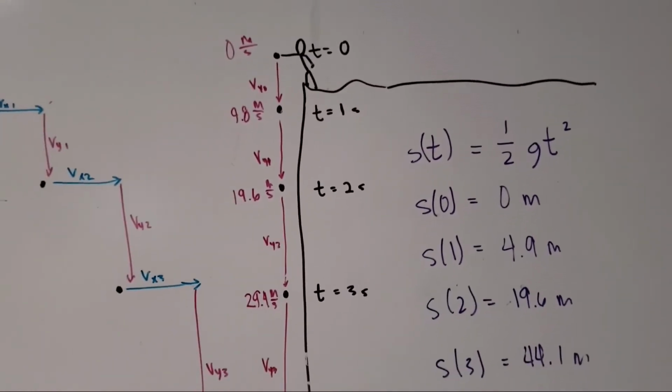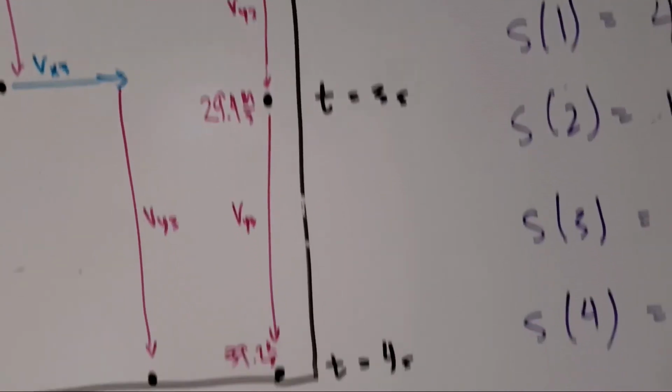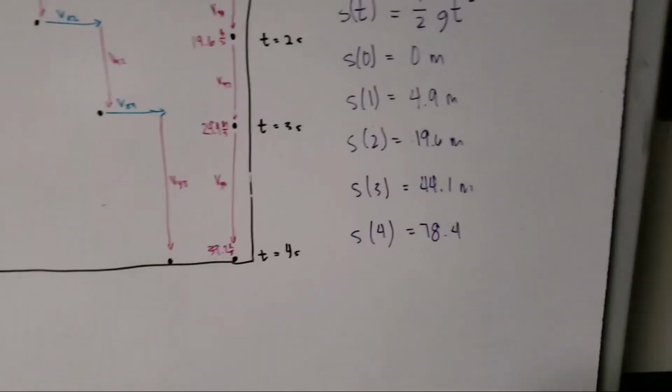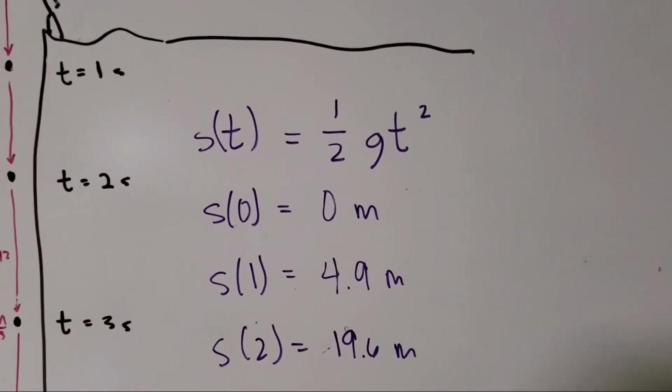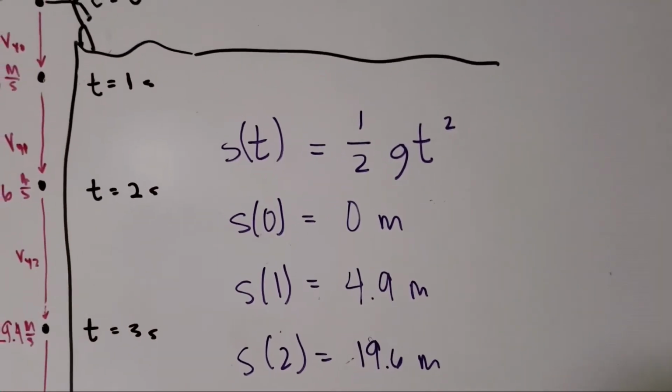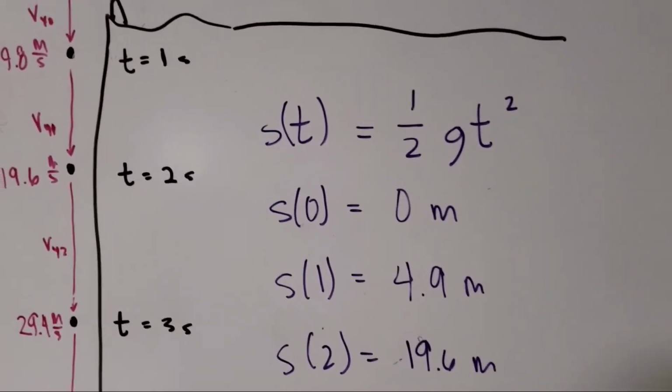So what I'm going to do is just evaluate t equals 1 second, 2 seconds, 3, and 4 seconds. And as you can see here, we have this kinematic equation that we discussed in the last video: distance equals 1/2 g t squared.